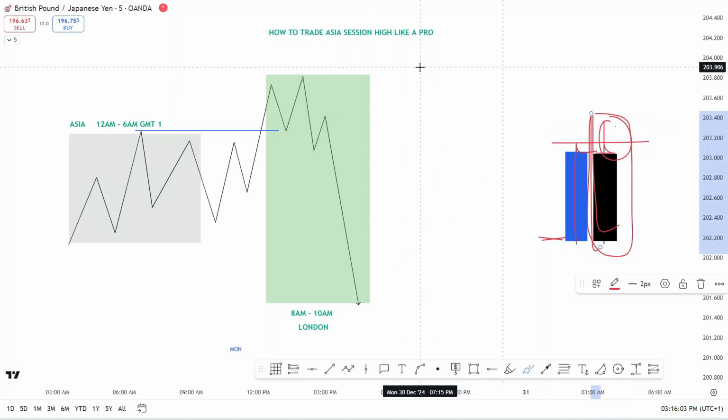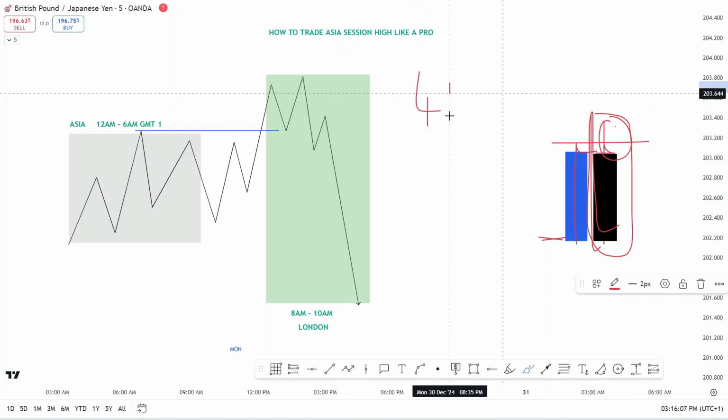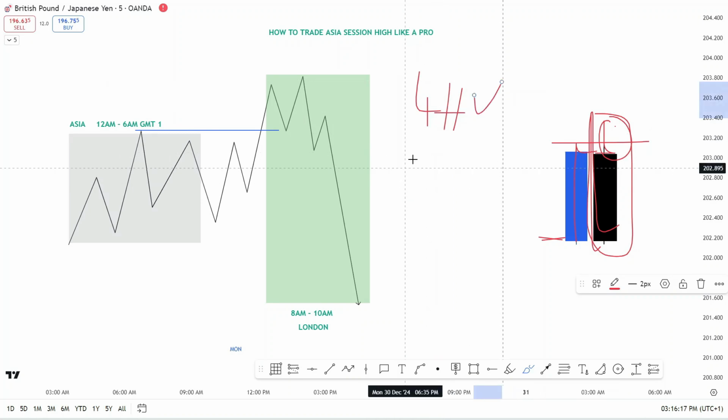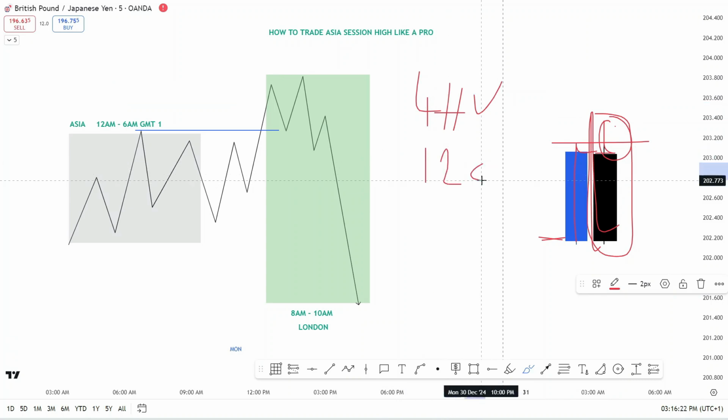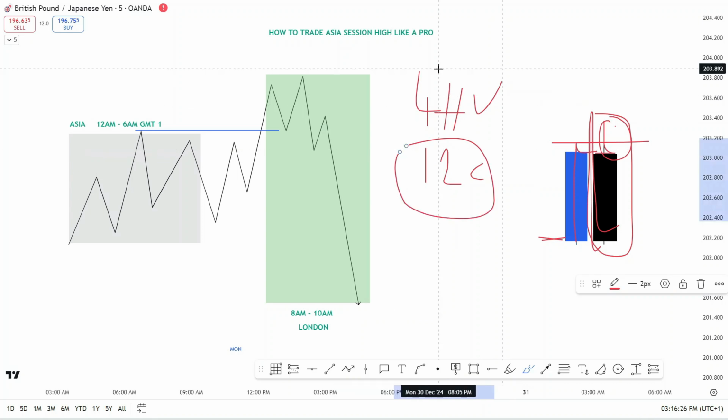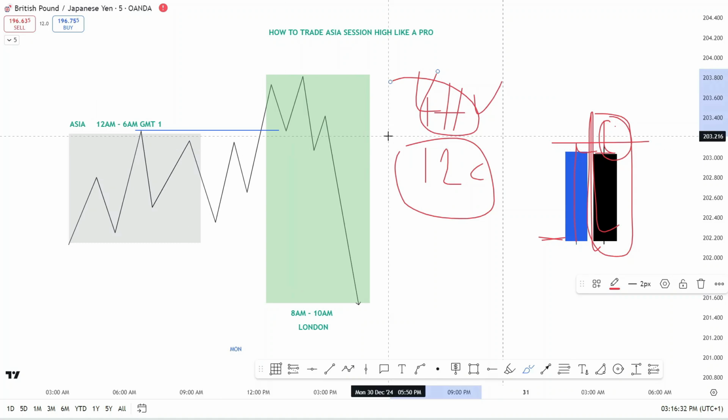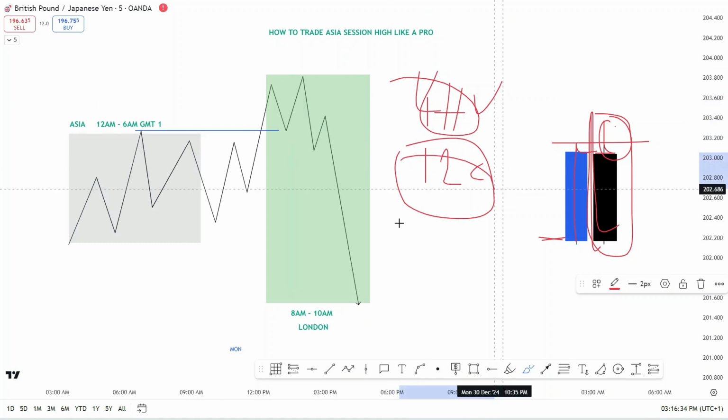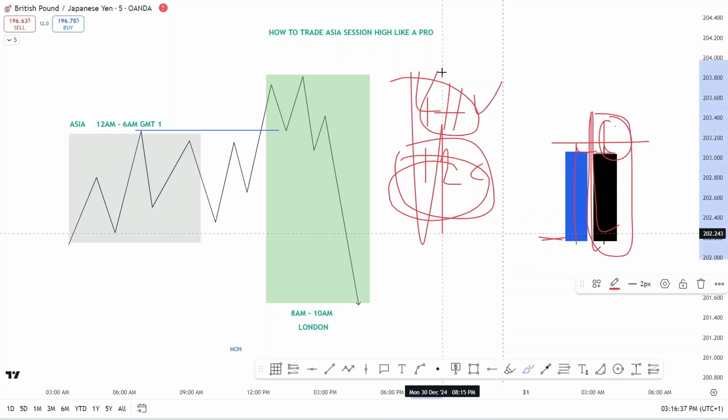You know that for each session we have 4 hour candles. So we have 4 hours in one session.